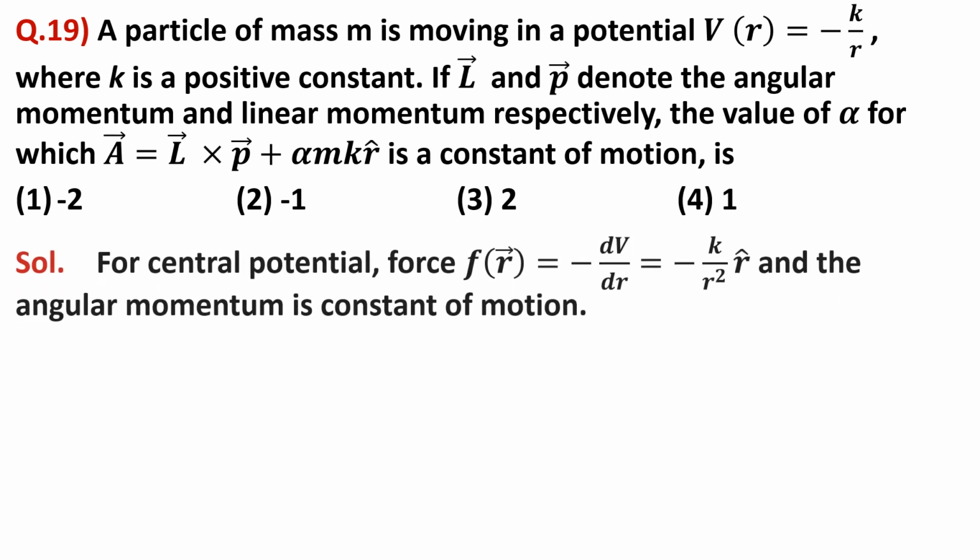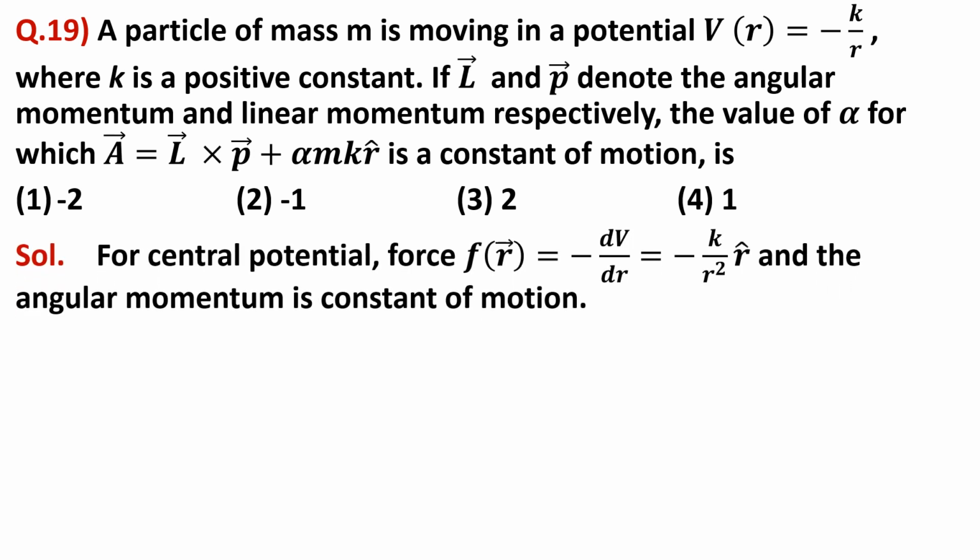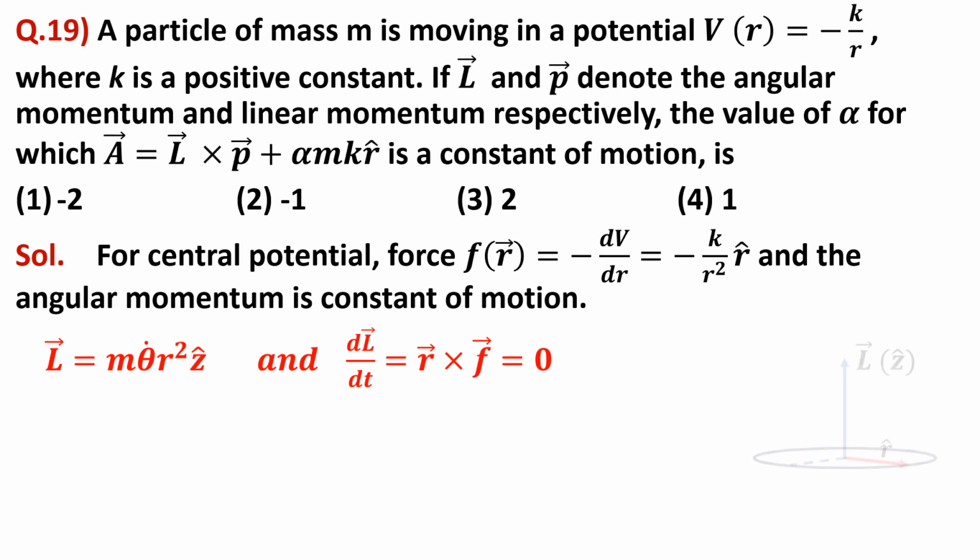Solution. For a central potential, the force F(r) equals minus dV upon dr equals minus k upon r square r cap, and the angular momentum is a constant of motion. Vector L equals m theta dot r square z cap, and the derivative of L vector equals r vector cross F vector equals 0.